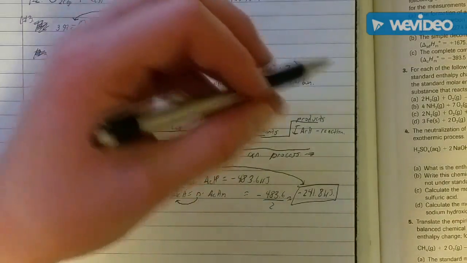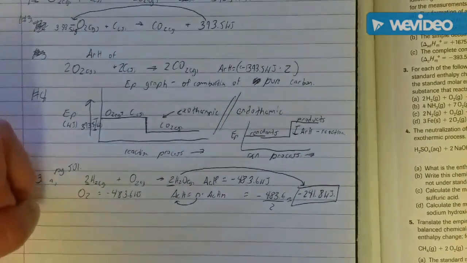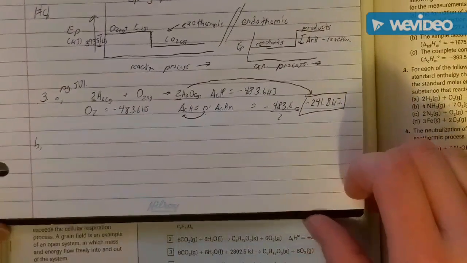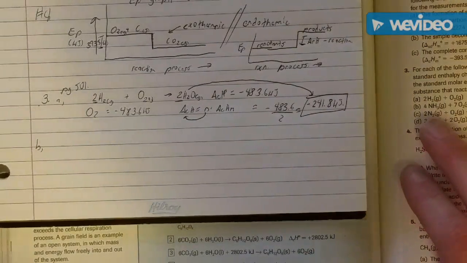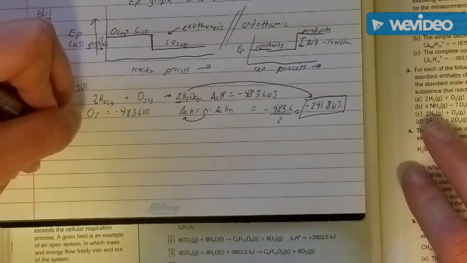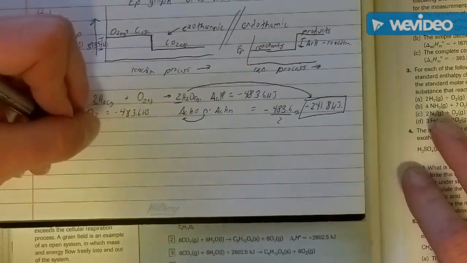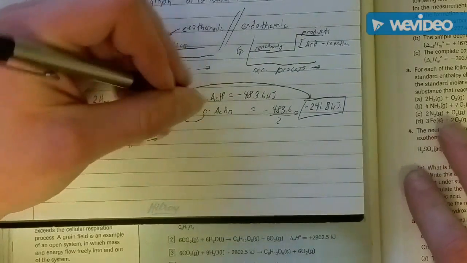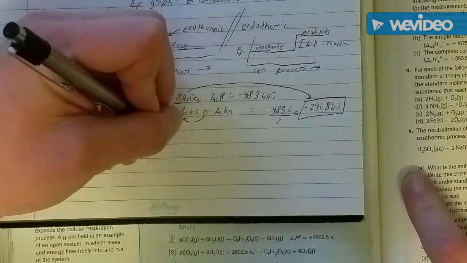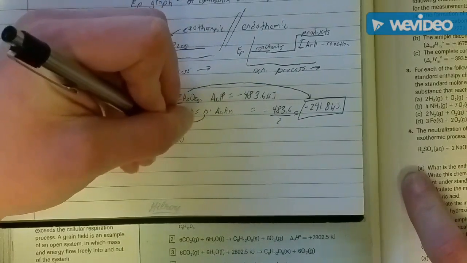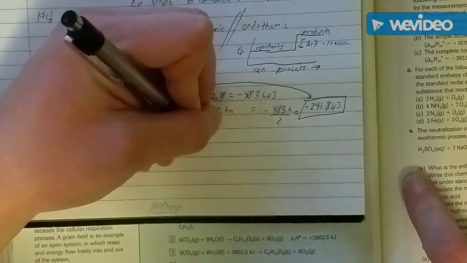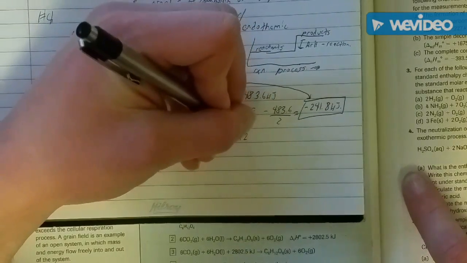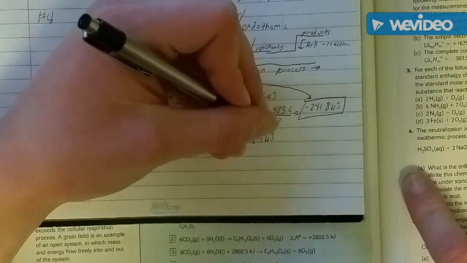We'll do another one for B, which has a lot of different moles. So B says 4NH3 gas plus 7O2 gas react to form 4NO2 gas plus 6H2O plus 1272.1 kilojoules.